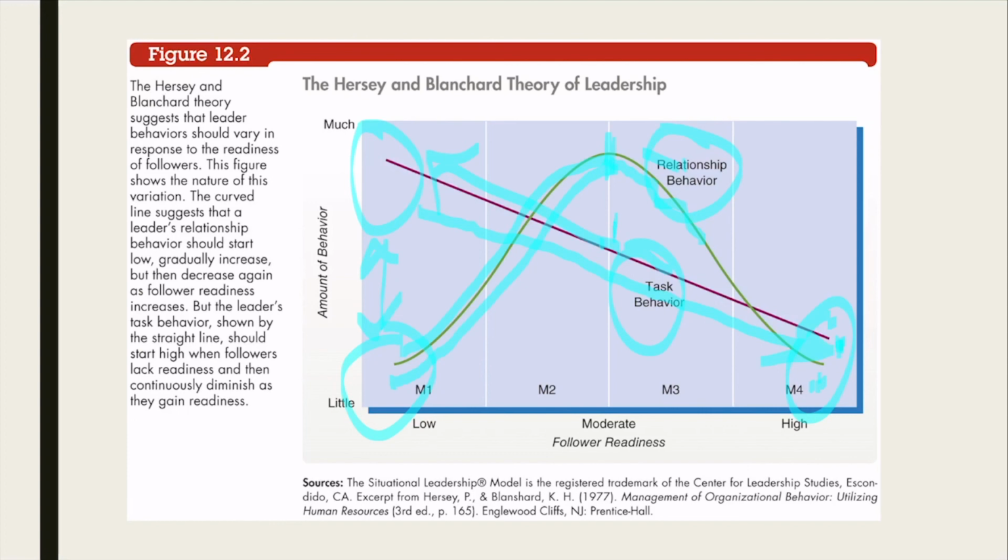But by the same token, why would you want to take a person who is fully motivated and fully trained and micromanage them? In fact, when you do that to a person who is at that readiness level, then you're going to demotivate them. In fact, you're going to insult them. And a lot of times they'll leave the company because they feel like they are not given the trust or the respect or whatever. So you have to be careful with that.